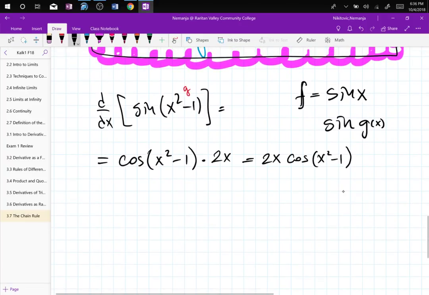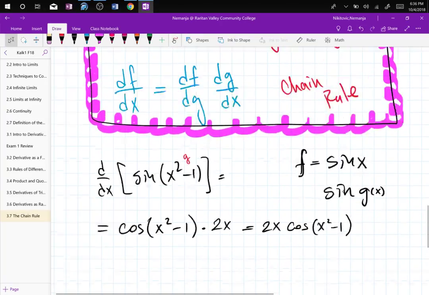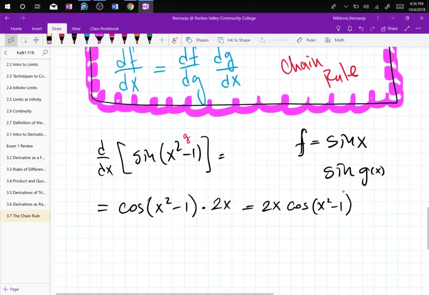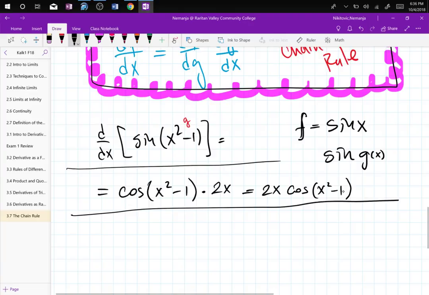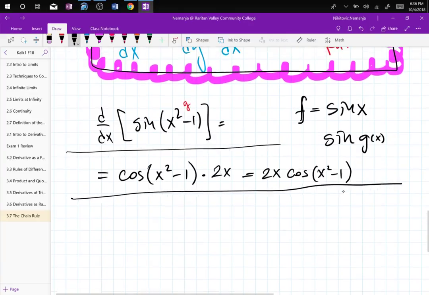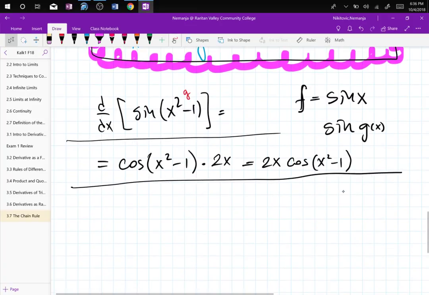Let's see. Another example, because we can. Okay, let's do one more example. So let's go with e to the sine x.